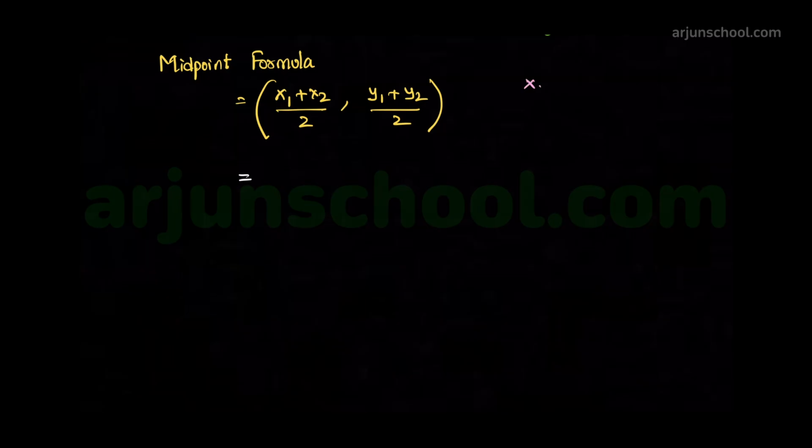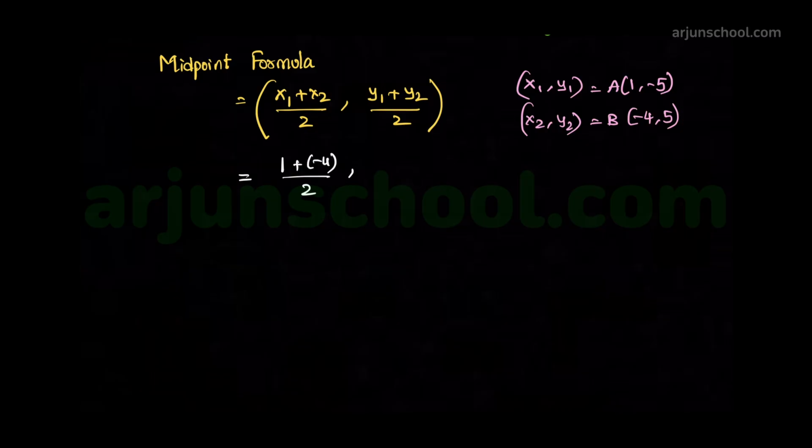Let us substitute the values for x1, y1 and x2, y2. x1 is 1 plus x2 is -4, divided by 2. y1 is -5 plus y2 is 5, divided by 2. 1 minus 4 by 2 is -3 by 2. -5 plus 5 becomes 0. Therefore, y coordinate is 0.